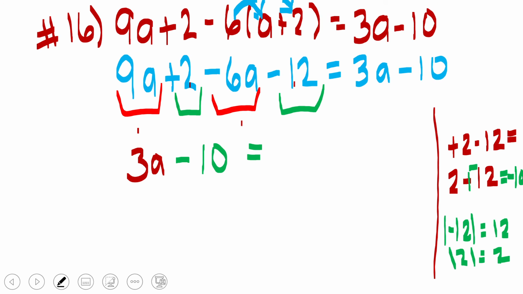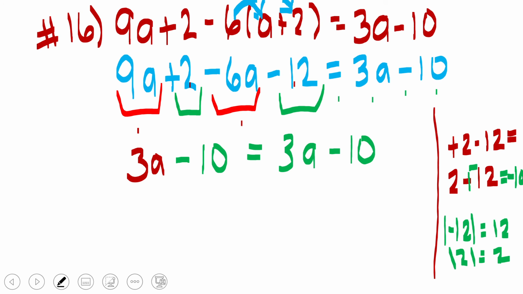equals, carry everything else down from the other side of the equal sign. 3a minus 10. What do you notice about both sides of the equal sign? They're the same.